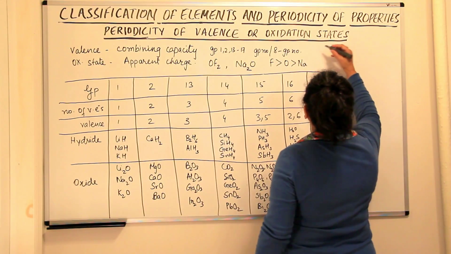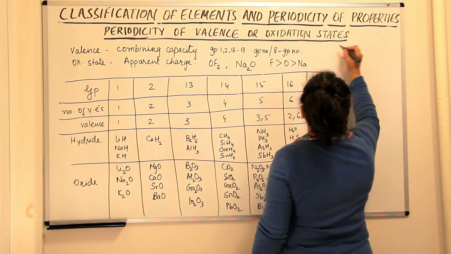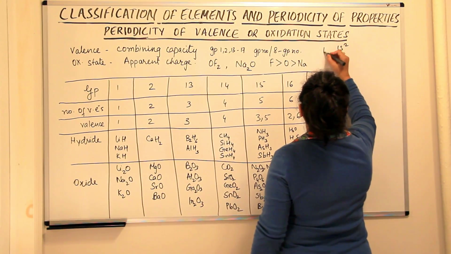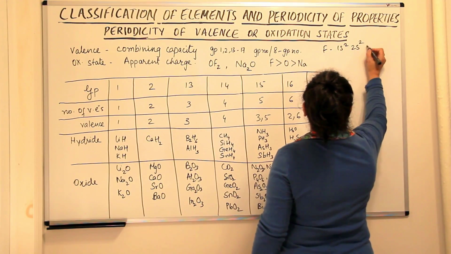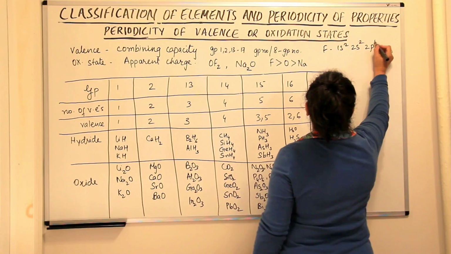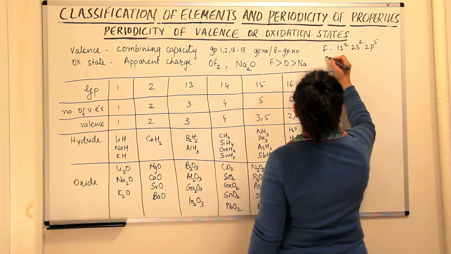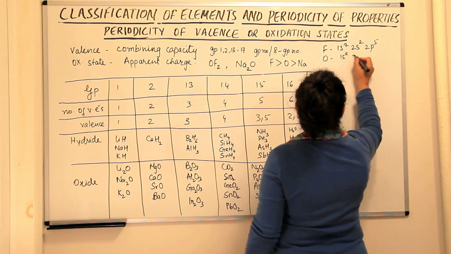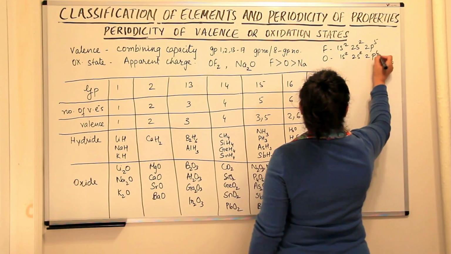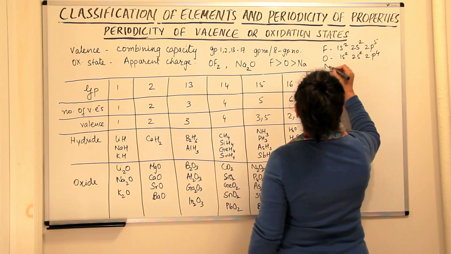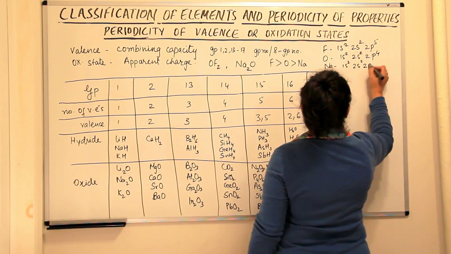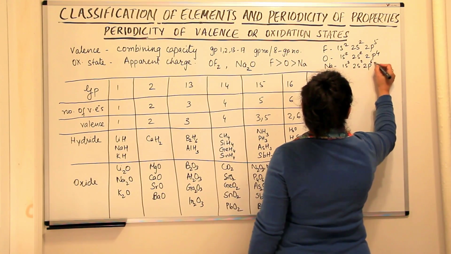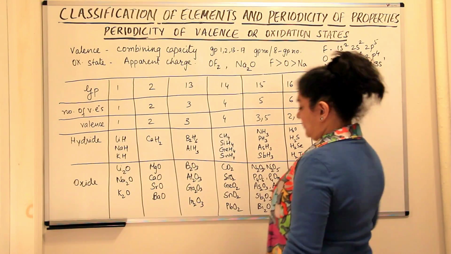Oxygen is the 8th element, fluorine is the 9th element. Fluorine's configuration would be 1s2, 2s2 and 2p5. Oxygen is 1s2, 2s2, 2p4, and sodium is 1s2, 2s2, 2p6 and 3s1.